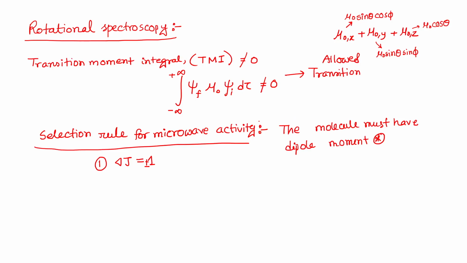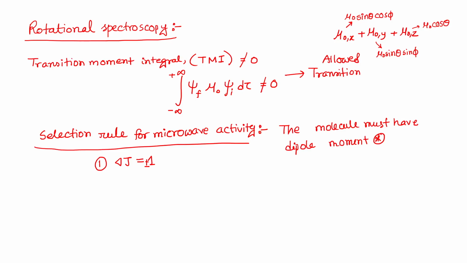Now your delta J should also be plus minus one. I'm not going into the details. There are some recursion relations that were also discussed by Professor Datta, right? They were required when you were doing the integration for the conditions of microwave activity. There you saw how delta M is zero for the z direction, and delta M has to be non-zero, specifically plus minus one, for microwave activity.